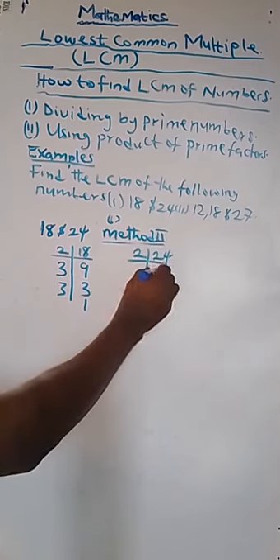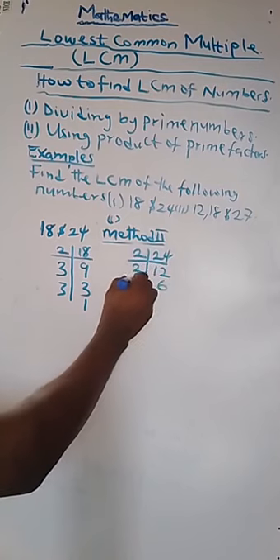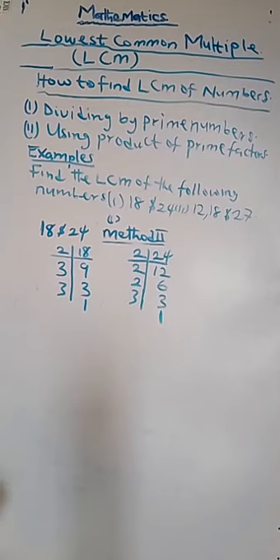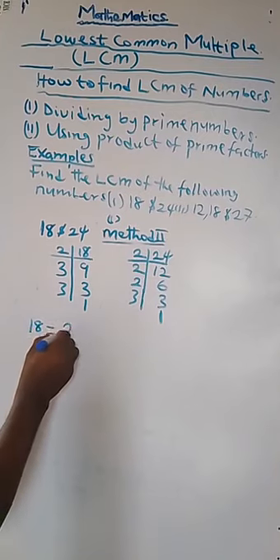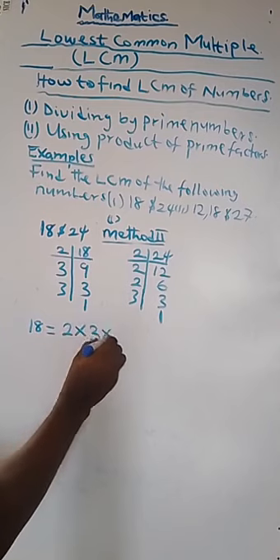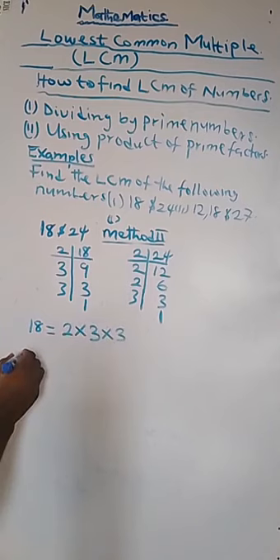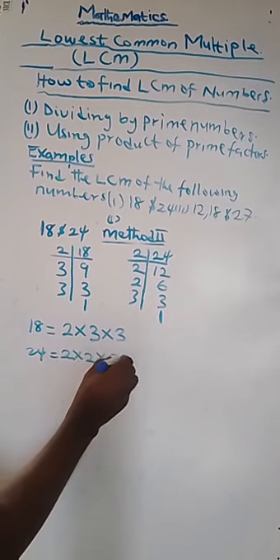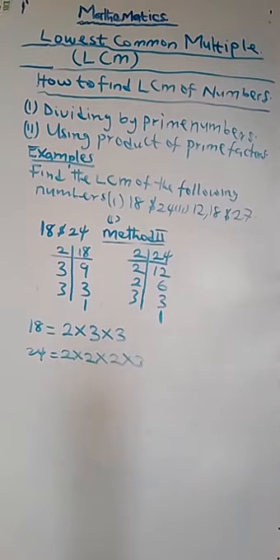Let's start with 2. 12. 2 can still go. 6. 2 can still go. 3, 3, 1. Once you reach 1, then you stop. Then 18 is 2 times 3 times 3. 24 is 2 times 2 times 2 times 3.